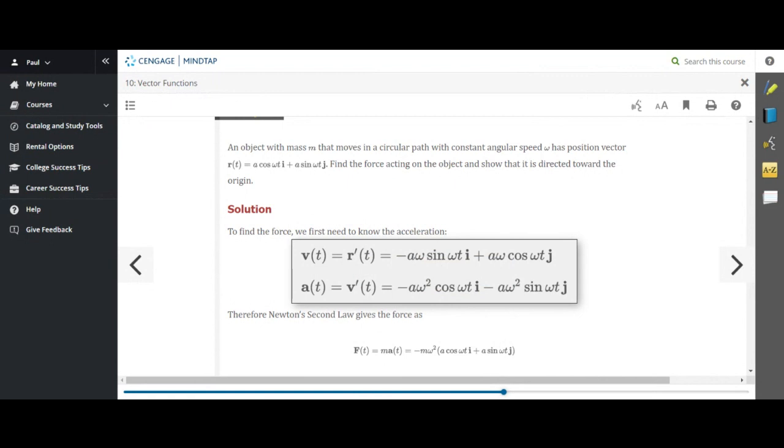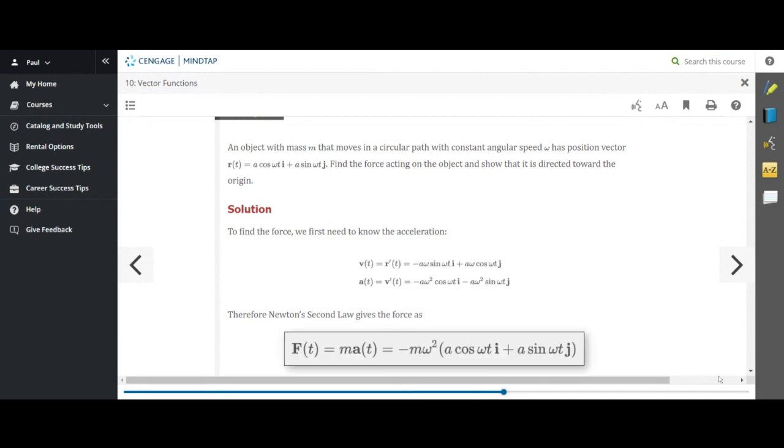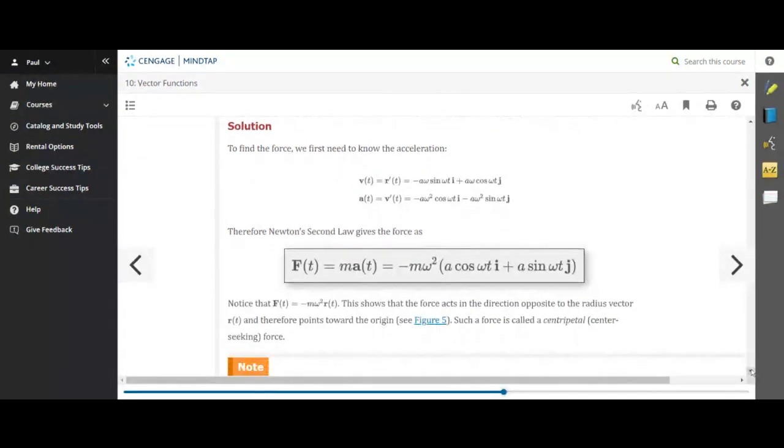You multiply the mass by the acceleration vector, and this gets you down to here. They note that this force vector is equal to negative m times omega squared times the position vector r of t. So this shows that force acts in the direction opposite to the radius vector r of t. It points inward towards the origin.